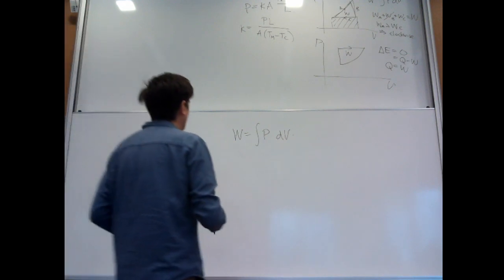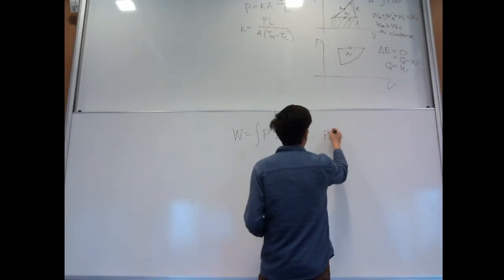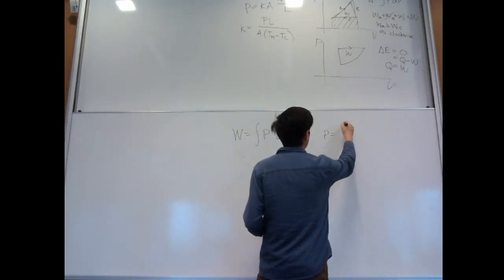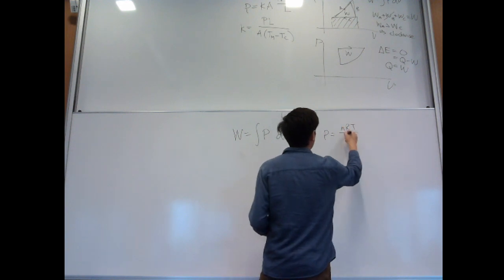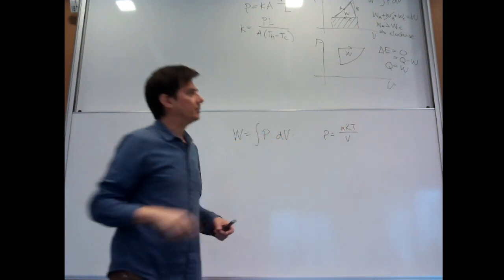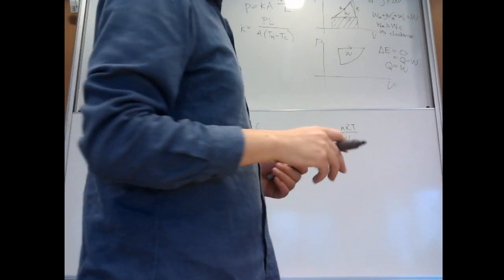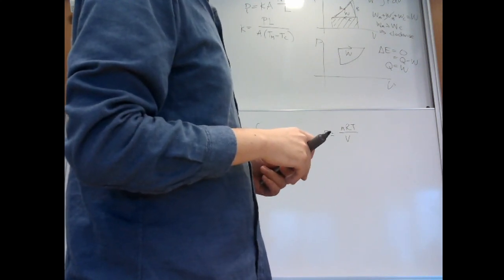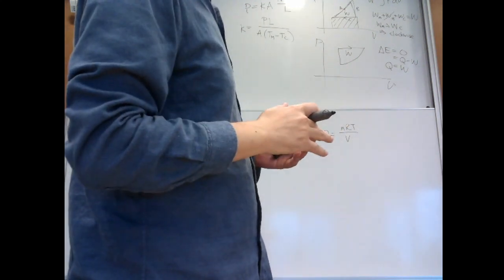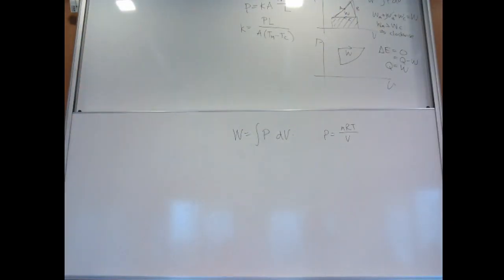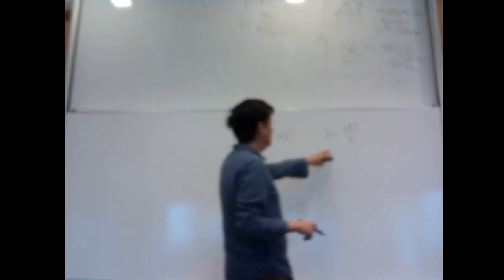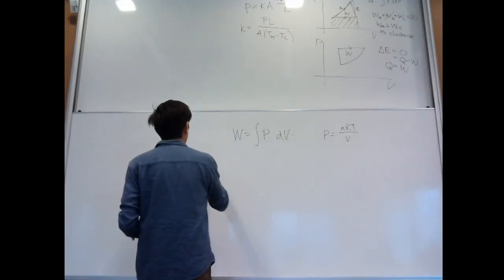We know that PV equals nRT, so in other words P is nRT over V. I should say we're going to look at three different cases. The first one is a constant temperature process, and this is where we can use the PV equals nRT relation.